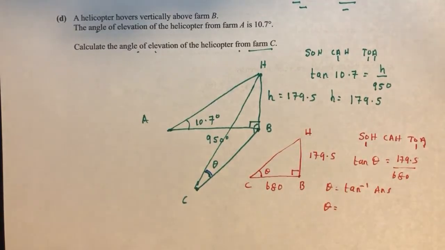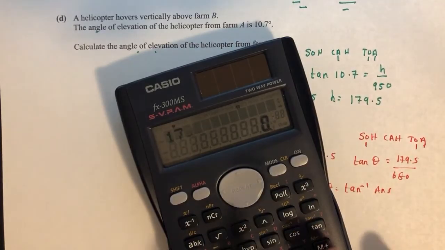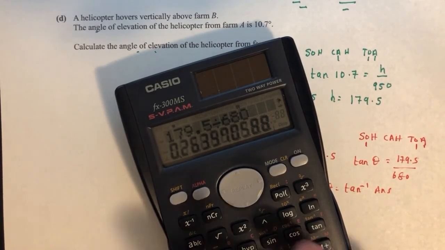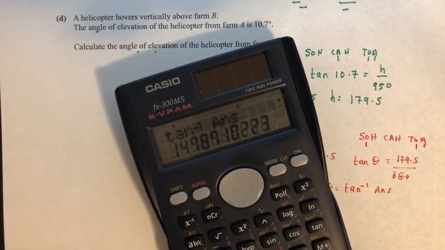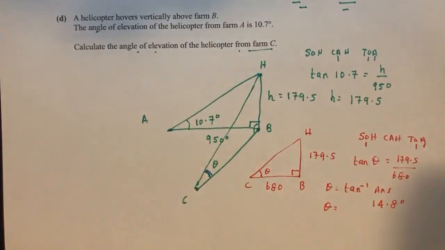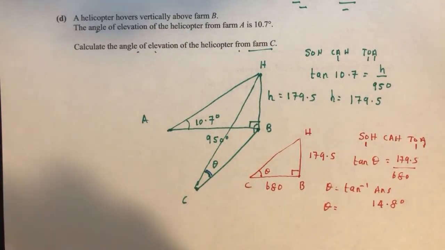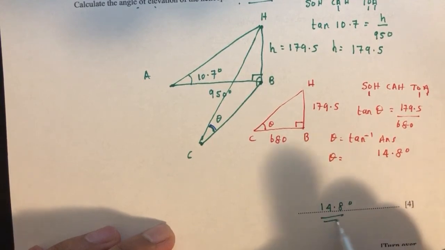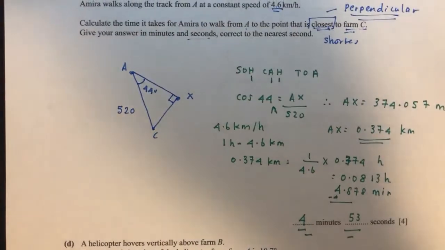Theta will be what? Let's find out. 179.5 divided by 680, and tan inverse of the answer, we will have 14.8 degrees. So your answer for part D will be 14.8 degrees for this angle theta. And that's all for question number 9.